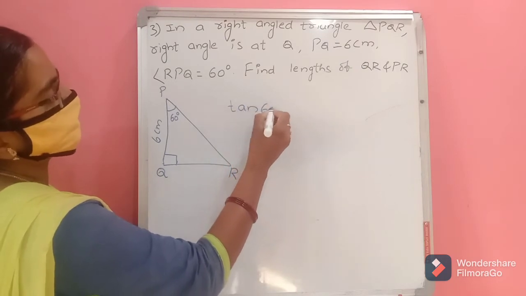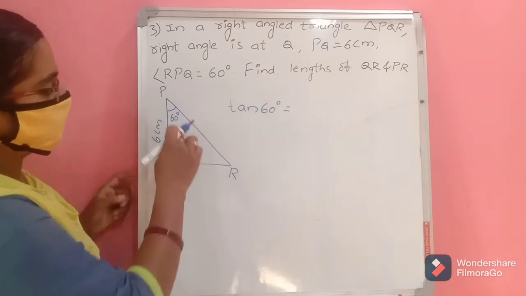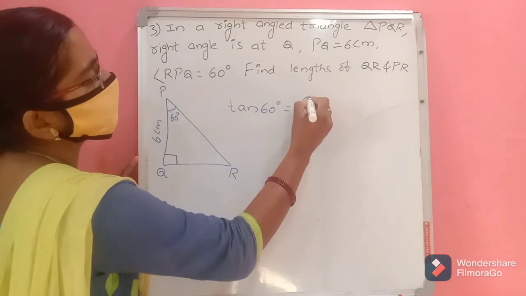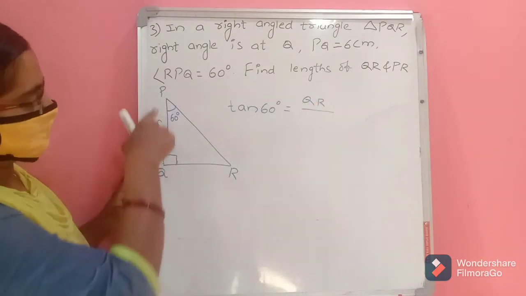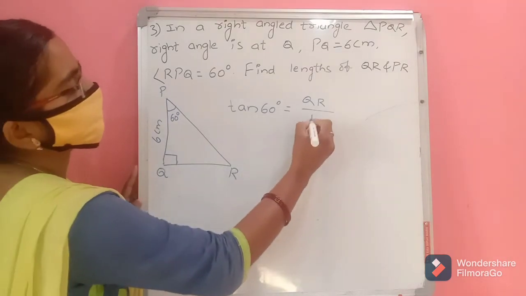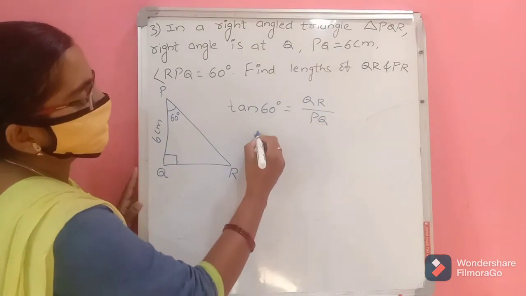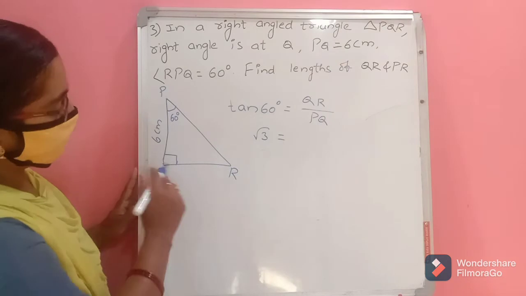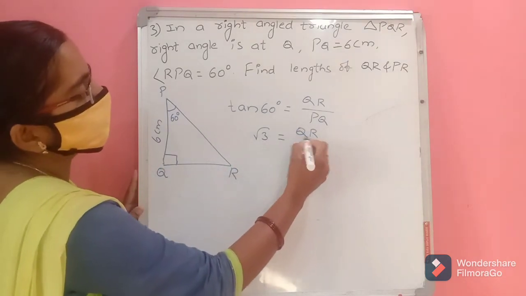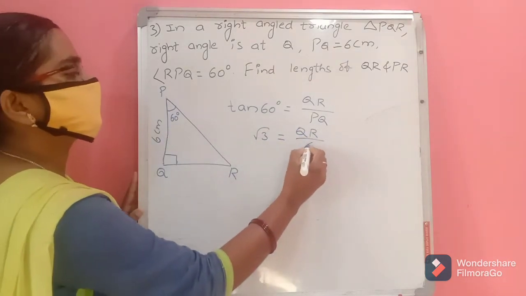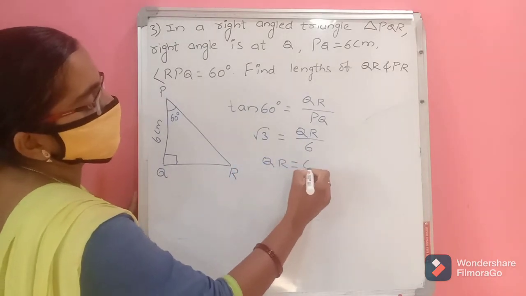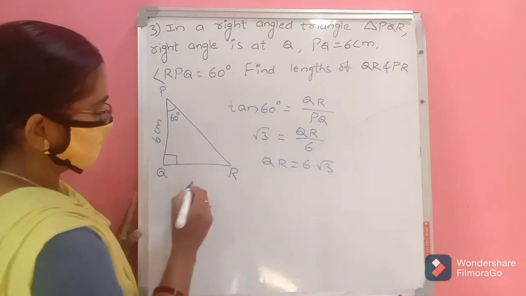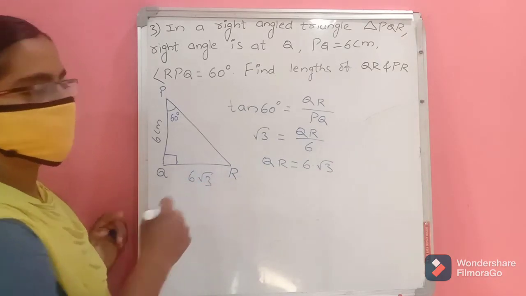Tan 60 is equal to opposite QR by adjacent side PQ. Tan 60 is root 3. QR we don't know, by PQ they have given 6. Then transpose this side. Then QR is equal to 6 into root 3. So this is the length of QR.